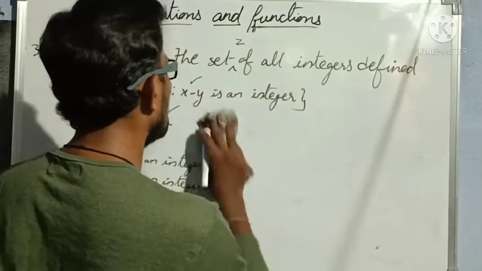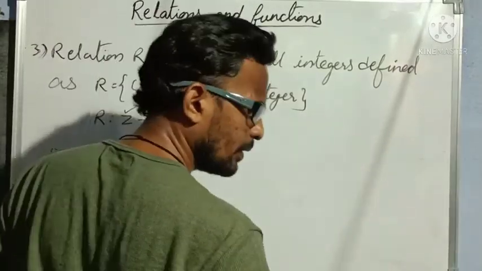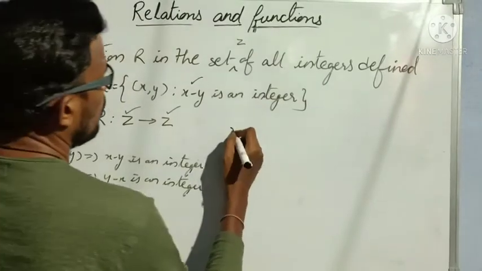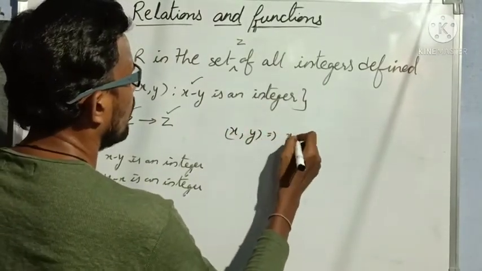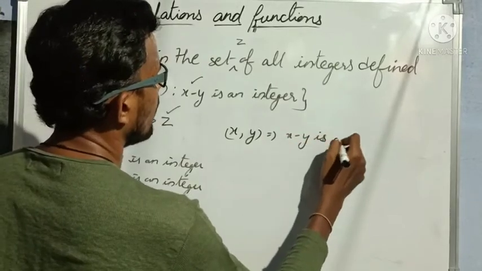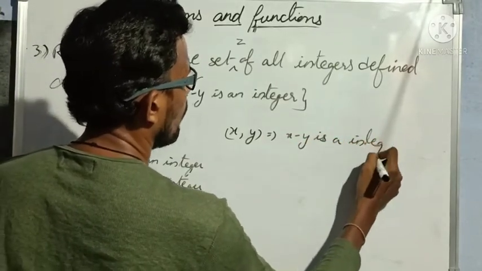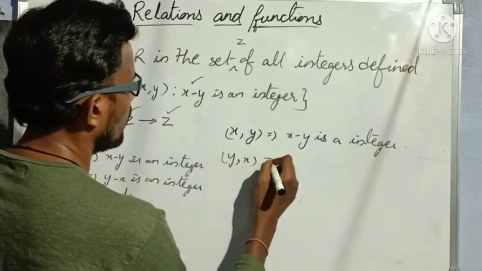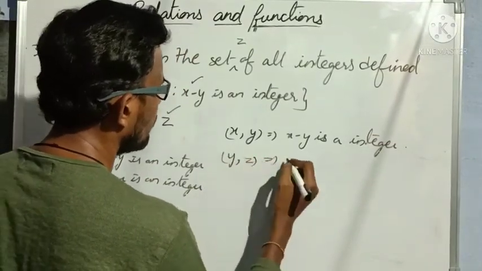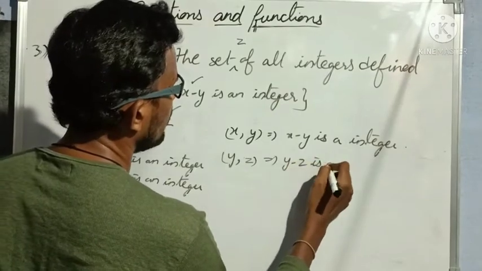How to see transitive? x comma y implies x minus y is an integer. In the same way, y comma z implies y minus z is an integer.